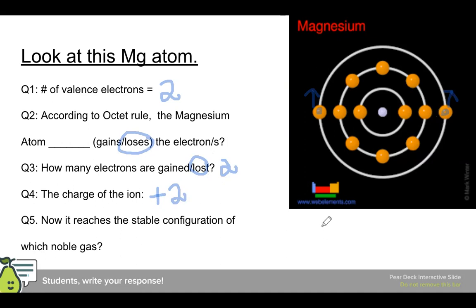It had 12 electrons, then it loses 2 electrons. Now the magnesium ion has only 10 electrons. So the noble gas is neon. Did you get the same answer? If yes, give yourself a big thumbs up.